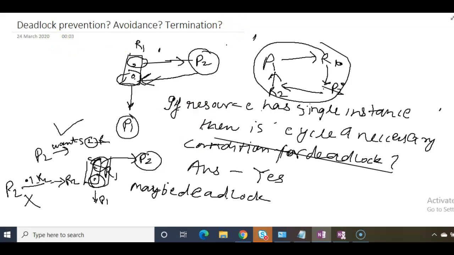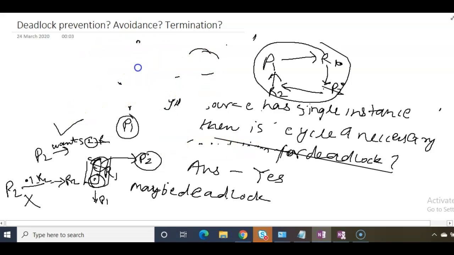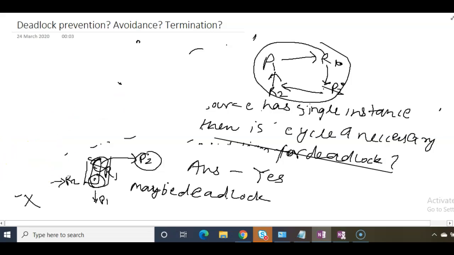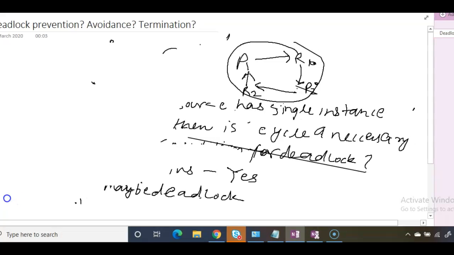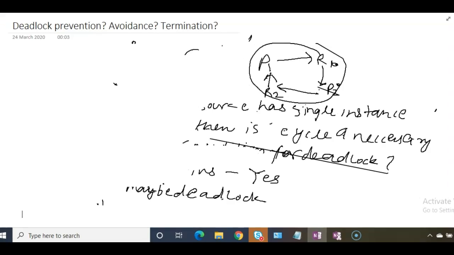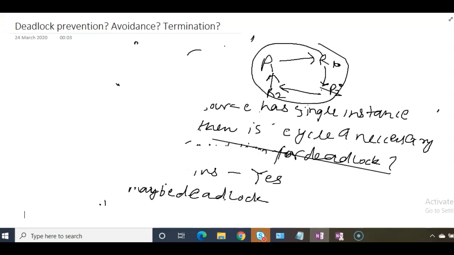Now the other thing is, what is termination? Termination means, like the word is saying, to terminate the process.